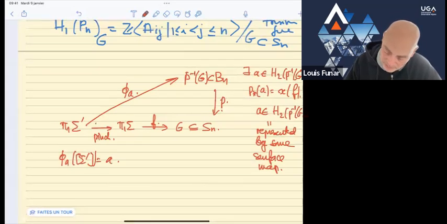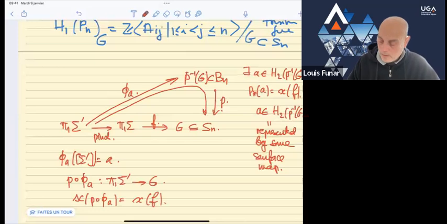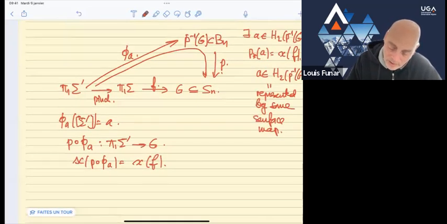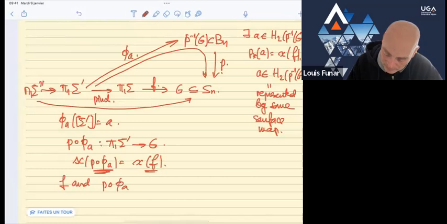So that means that if I'm taking here the composition, P composed with phi from pi1 of sigma prime into G has the same Schur class as phi, which is the same class as the Schur class of A. And now I said they can be further stabilized by sigma double prime, and I arrive here, and these two, F and P composed with phi, are stably equivalent.